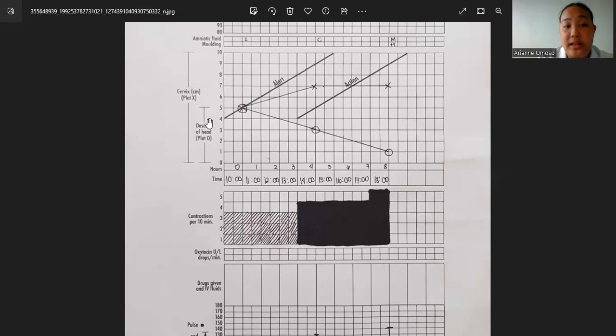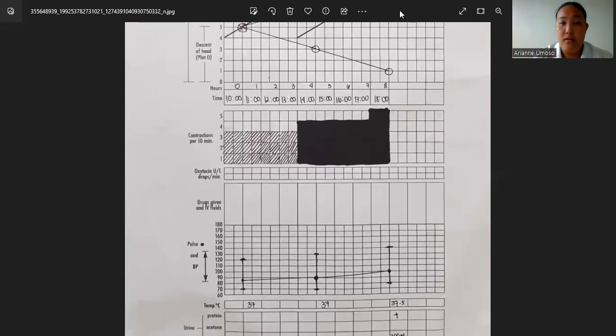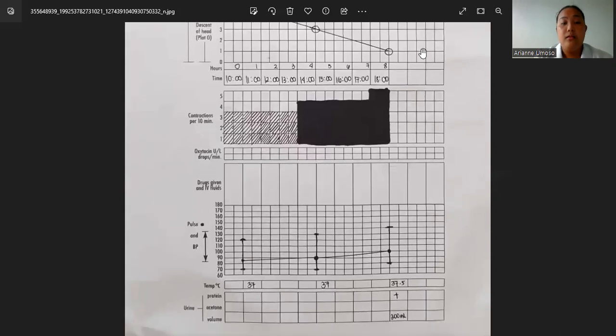Below the cervical dilatation there is a space for recording uterine contractions. The contractions are recorded per 10 minutes, and the scale is numbered from 1 to 5.